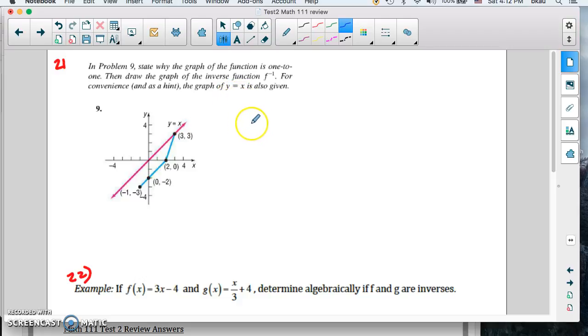That means that an inverse switches x and y values. So the graph of these would just switch the x and the y values. So this one, when we change (3, 3), it's still going to be (3, 3). It doesn't change.